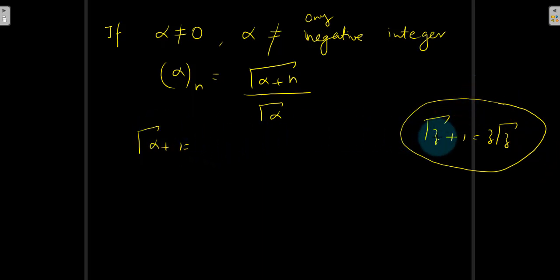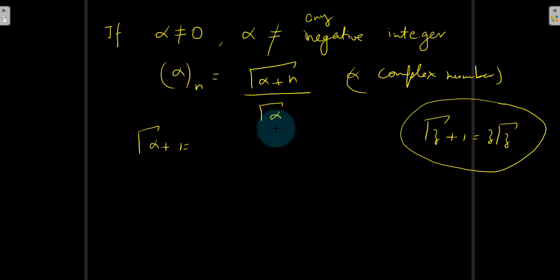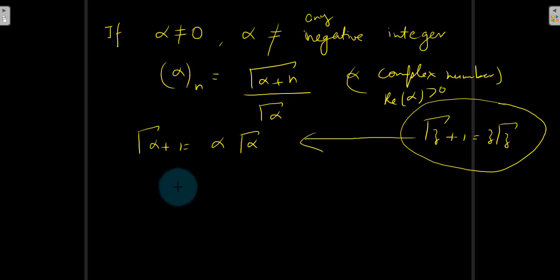So if you just replace z by alpha here, you can take alpha as any complex number, but the real part of alpha should be greater than 0, because you know the condition for this to be defined. Gamma of alpha plus 1, you will get as alpha gamma alpha. From here you get this, right?